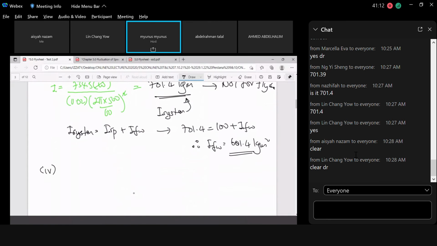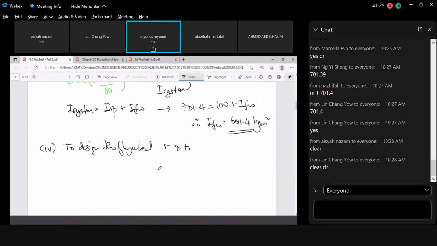So the parameters to design the flywheel are R and T, remember? So we are going to look for it from I flywheel, which is equal to half mr square.